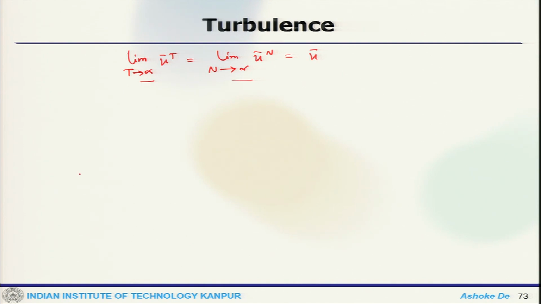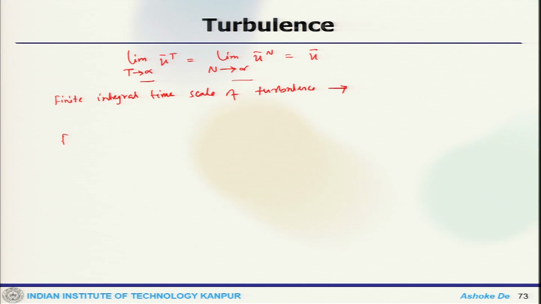Here one can think about the finite integral time scale of turbulence, which means the turbulent fluctuations are uncorrelated over sufficiently long time.